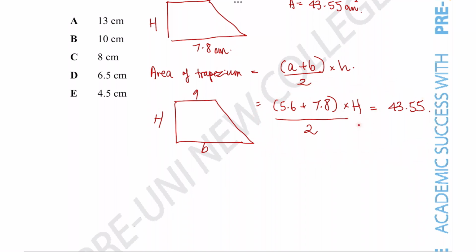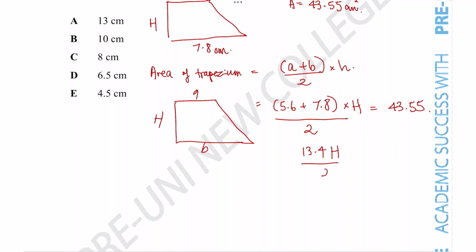We want the height to become the subject of the equation. Now there's a few things going on here, so let's simplify this equation a little bit. Let's see if we can get rid of the brackets first, always adhering to the laws of BODMAS. If we simplify this part, it becomes 13.4 when you add 5.6 and 7.8 together.